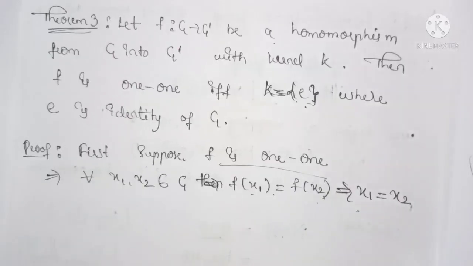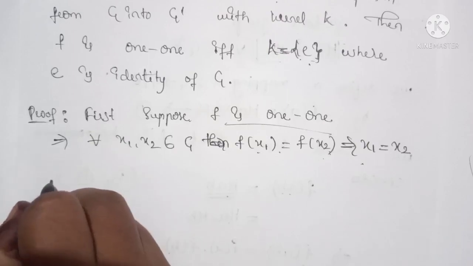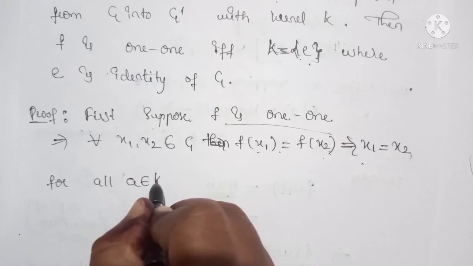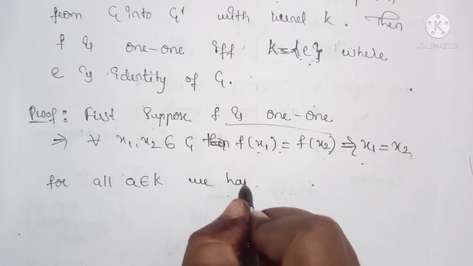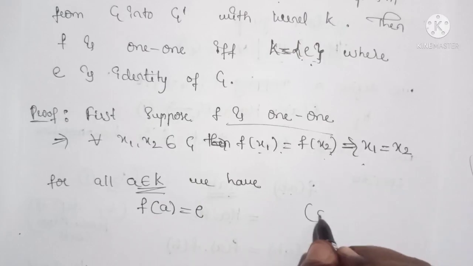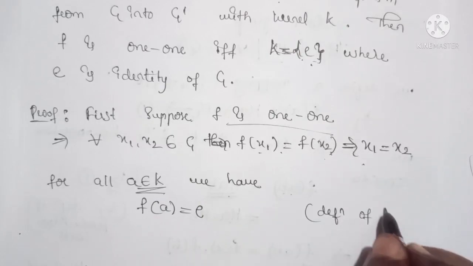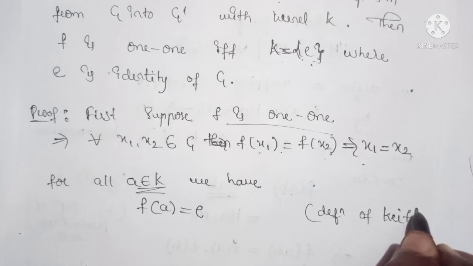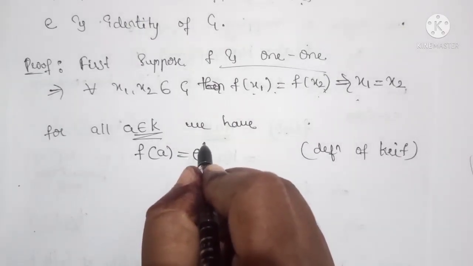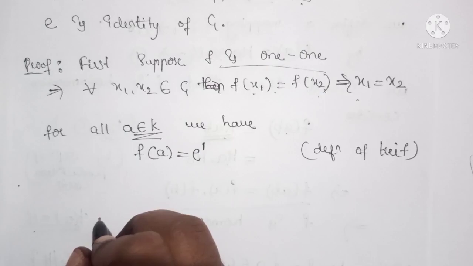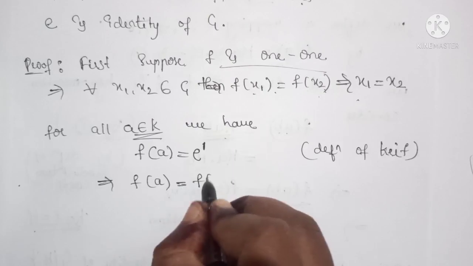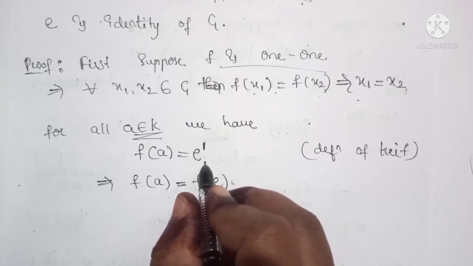So now for all a belongs to K, we have f of a equals e dash, since by the definition of kernel K, kernel of f, the image of all the elements equals e dash. Therefore we can say that f of a can be written as f of e, because the image of e always equals e dash.